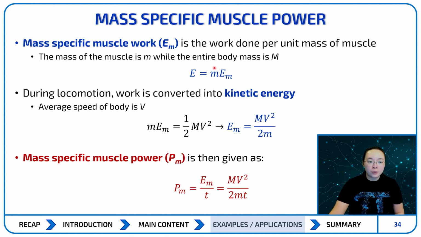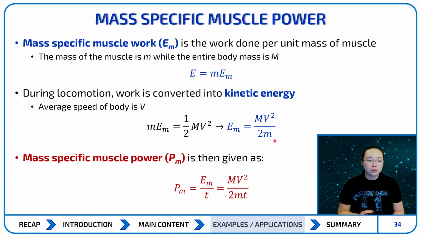Equating those two together, I can derive an equation for the mass-specific muscle work EM. That's just MV squared over 2 little m.